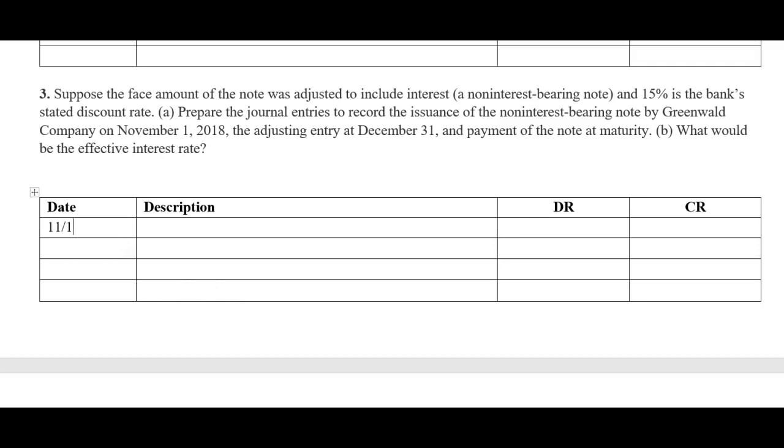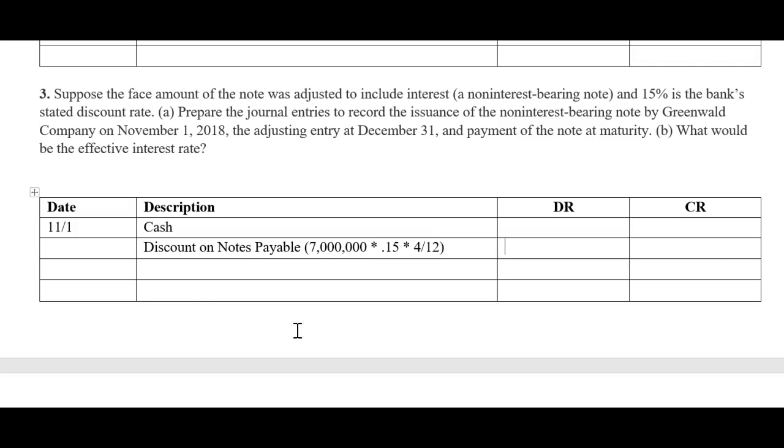So on November 1st, the first thing we have to do is Greenwald still borrowed cash, so we're going to put the cash on. Now, we need to find how much they're discounting this note by, because anytime you have a non-interest bearing discounted note, you're going to have to hit discount on notes payable. The way that we would calculate the discount is we would take the full $7 million and multiply it by the interest rate, 15%, and then multiply it by the total life of the note, which is 4 out of 12 months.